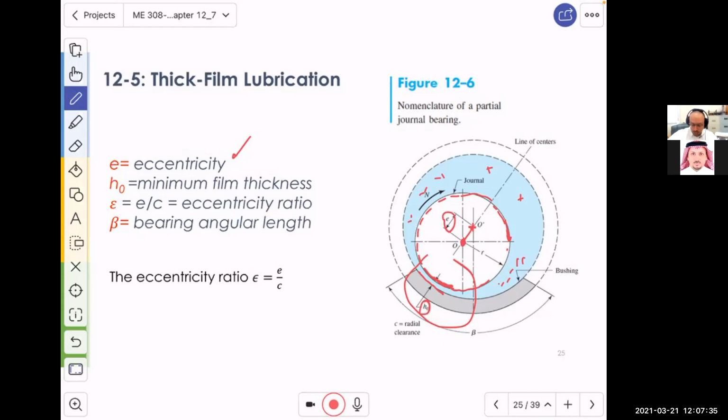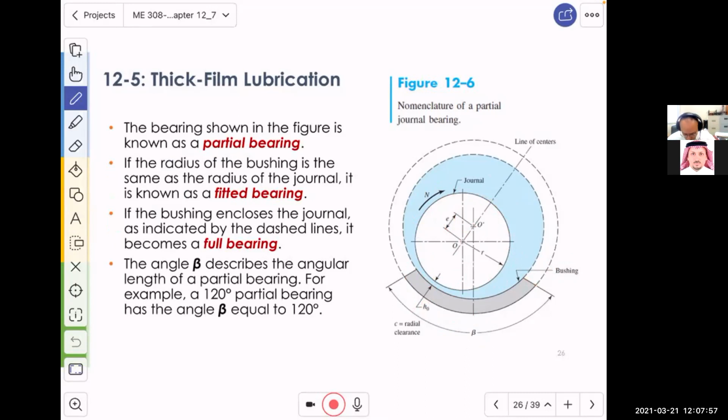Now, if you look down there, you would see that we have a bushing with an angle beta. So this is only a partial bearing. The bearing shown in the figure is known as a partial bearing, because the action between the journal, the bearing, and the lubricant in between is happening over the sector indicated by beta.